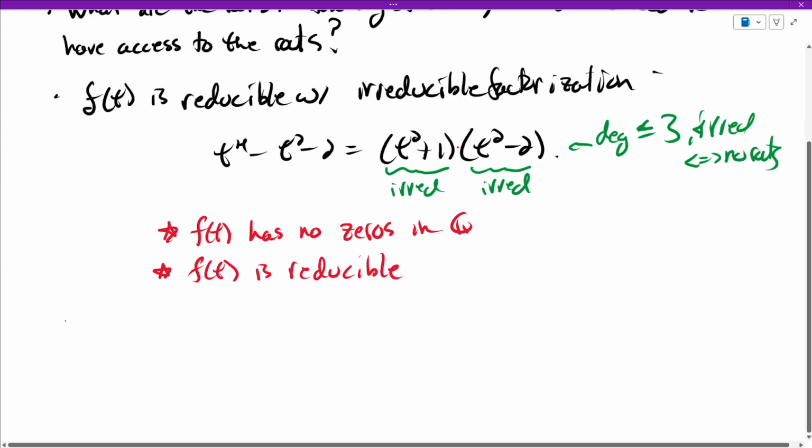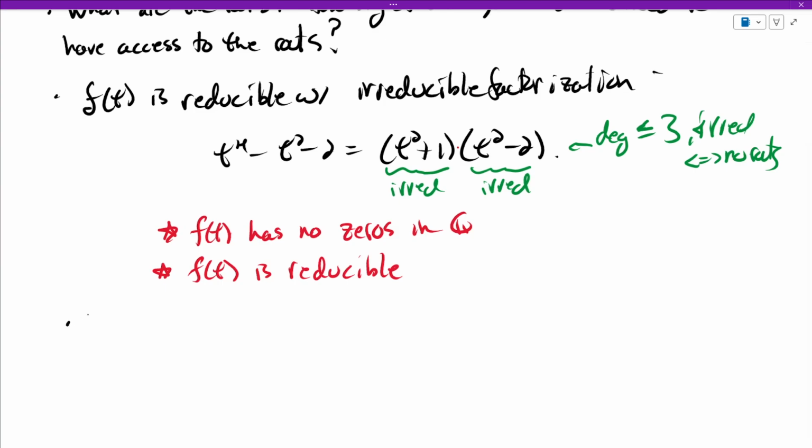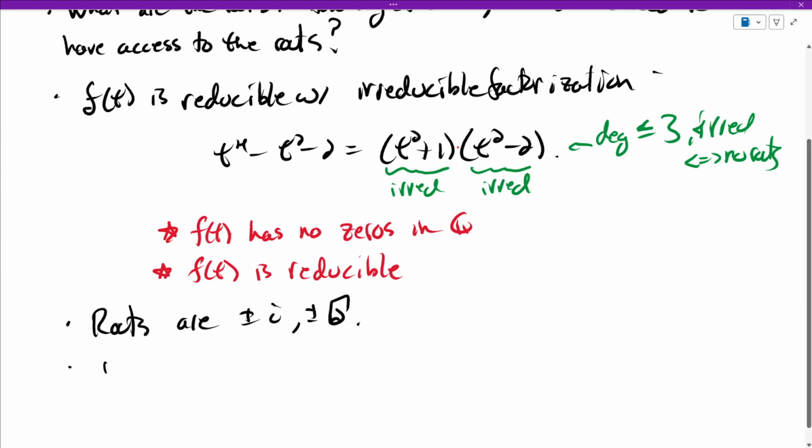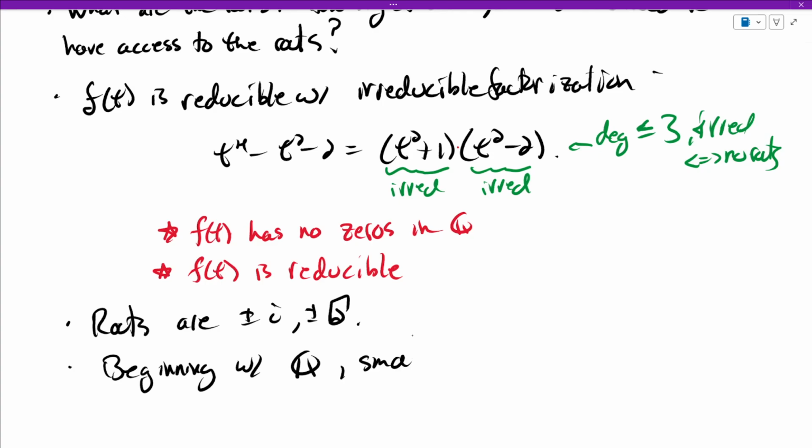And so starting with Q, what are the roots then? The roots are plus or minus i, plus or minus square root 2. So beginning with Q, the smallest number system we might, well, how exactly did I say it?